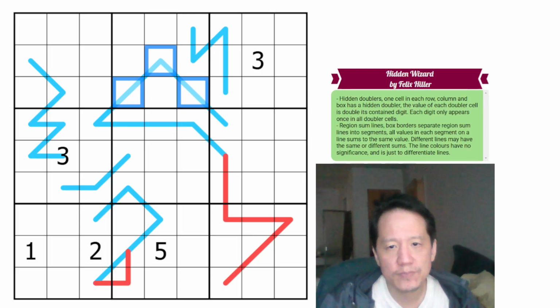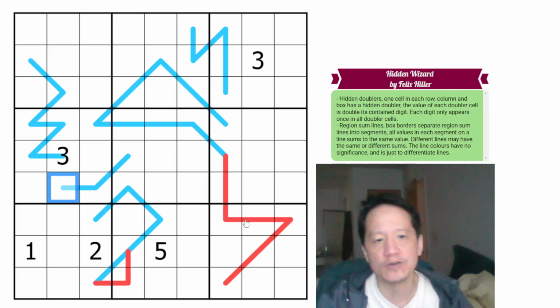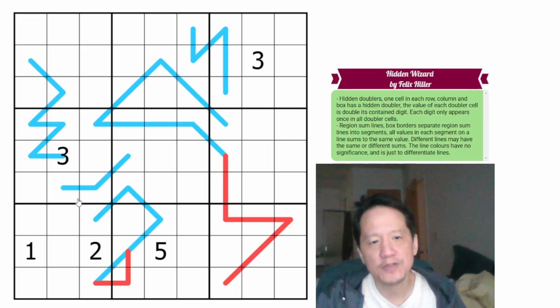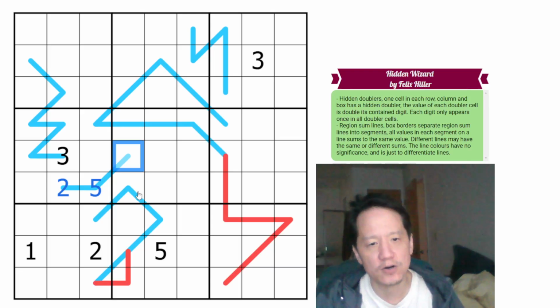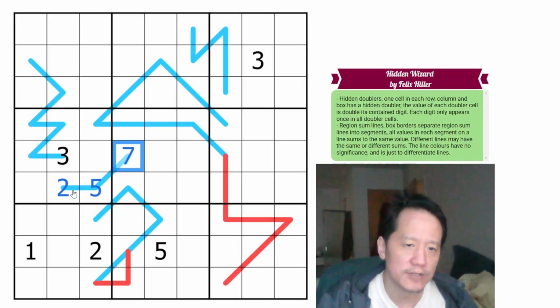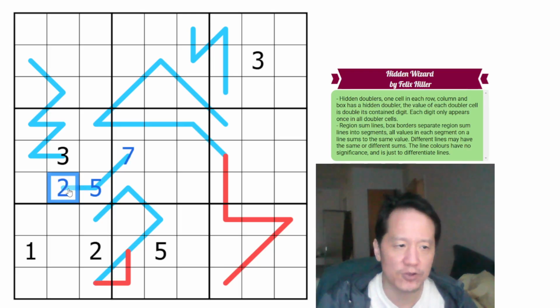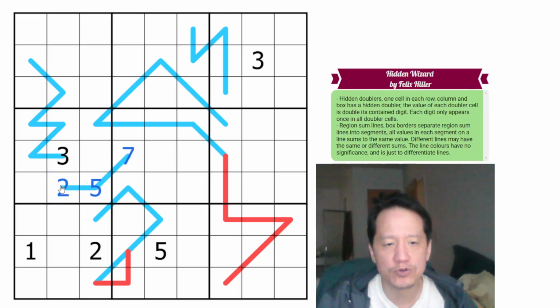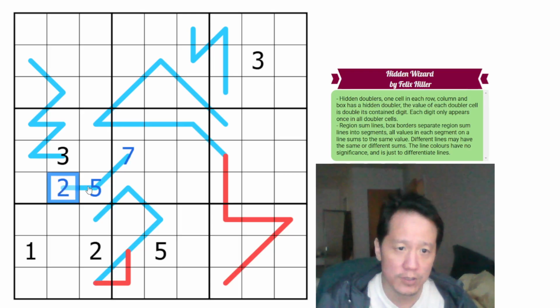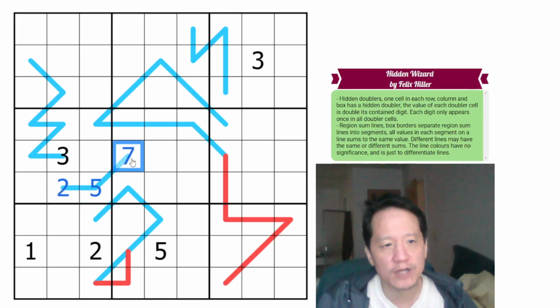Right. So for an example, if this value was 2 and this value was 5, that would mean this cell would have to be a 7, right? So if this had a value of 2, non-doubled, and this were 5, this would have a value of 7, and therefore would have to be 7.